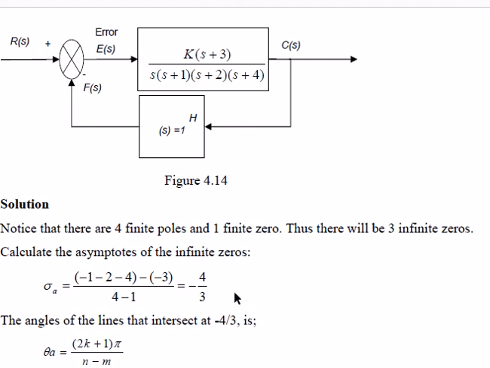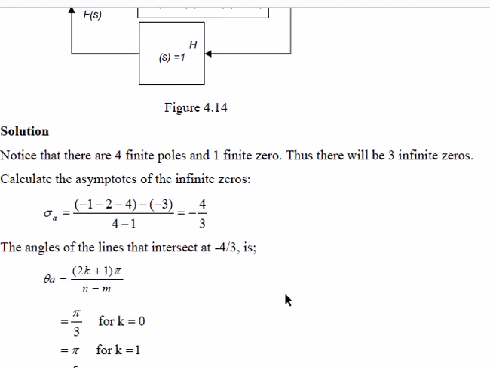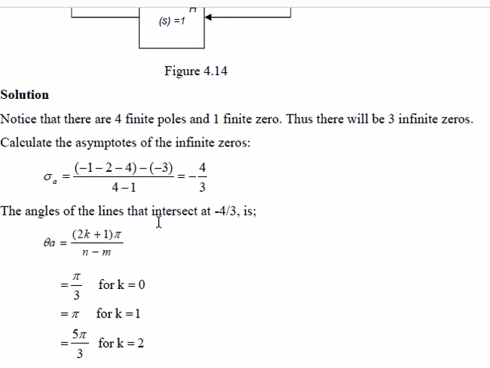Okay, this is our sigma A. And then we need to determine the angle of the lines that intersect at negative 4/3. By using this equation, 2k plus 1 times pi divided by poles minus zeros.